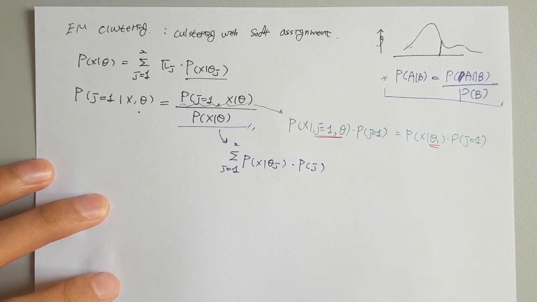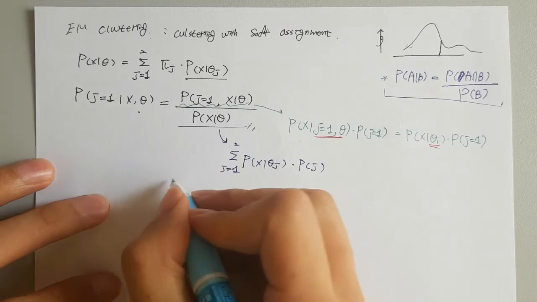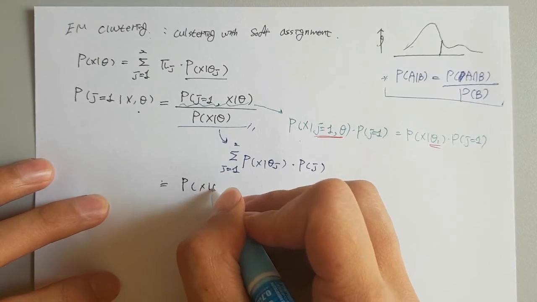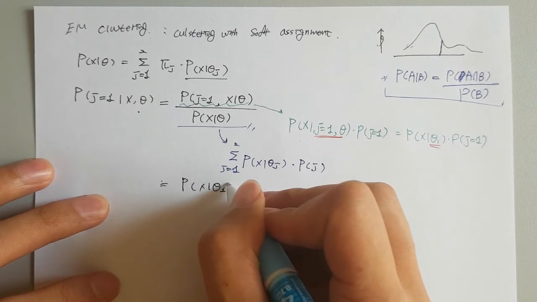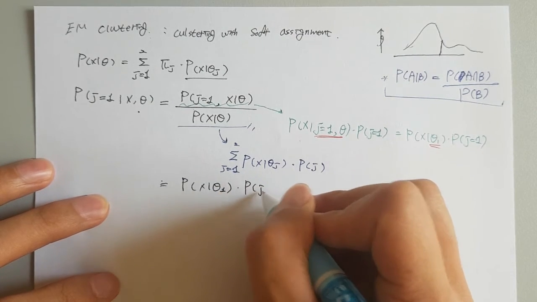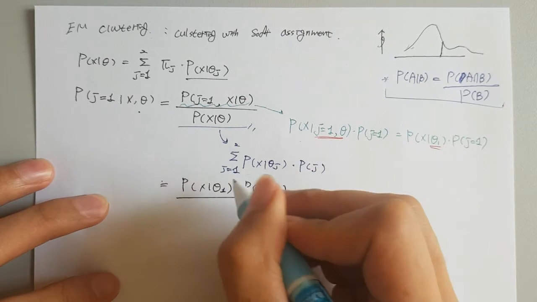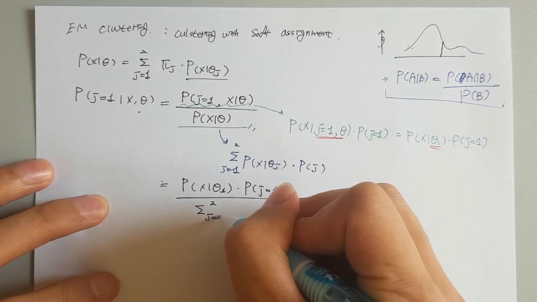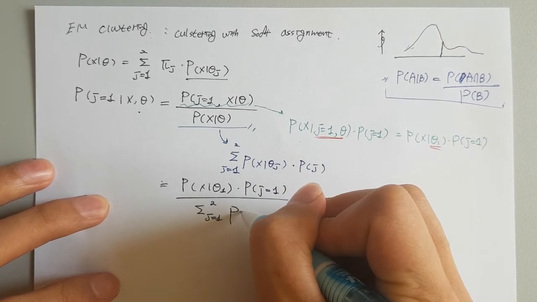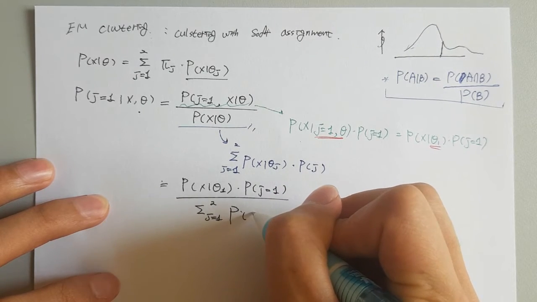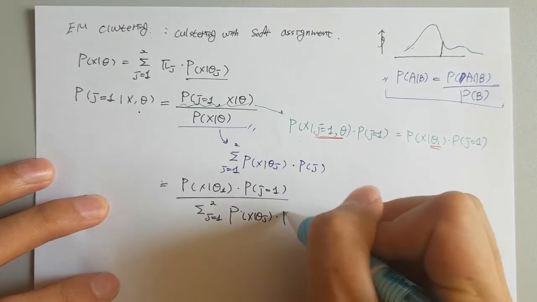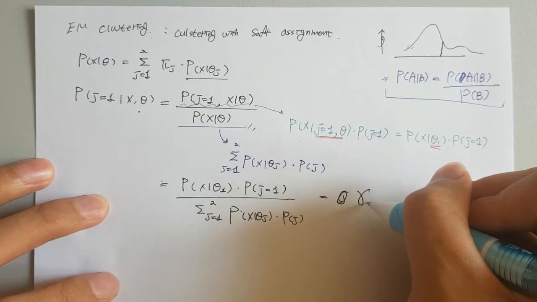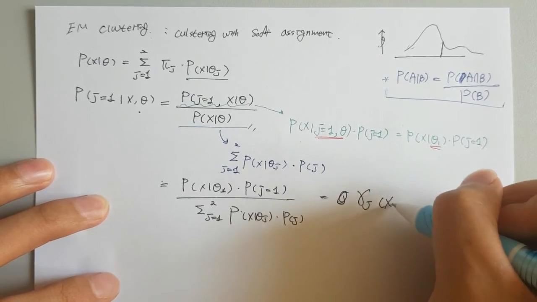So this is the same as P(x given theta 1) multiplied by the probability of j equals 1, over the sum over j of P(x given j, theta) times pj.